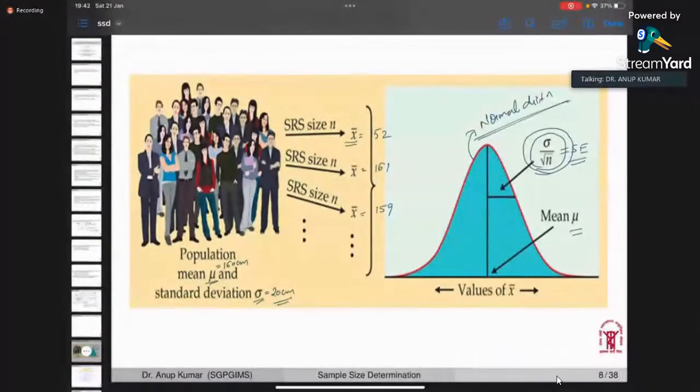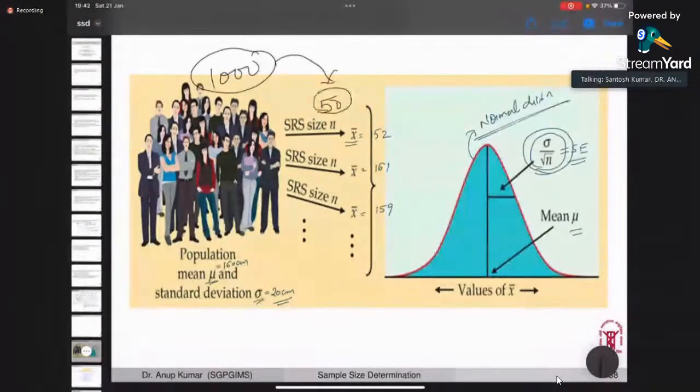Now the question is that you take a random sample from these 1,000 employees, a random sample of size n, of size 50. From this 1,000 target population, you take a random sample of size 50, and in that you measure the average, and it comes out to be 152 centimeters.